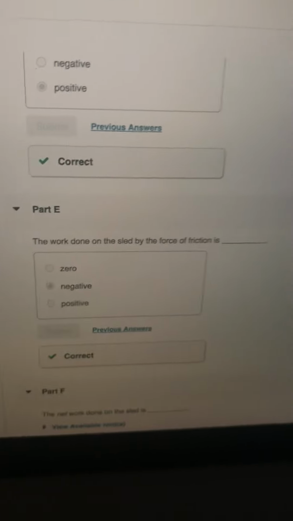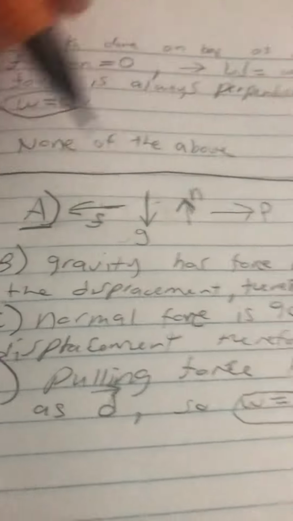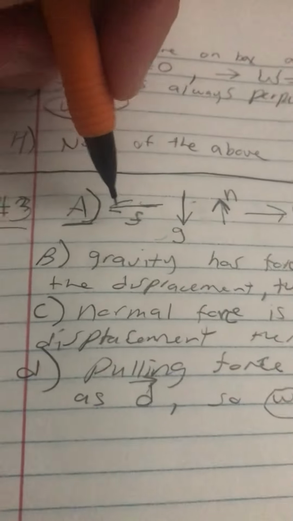Now we go to part E. The work done on the sleigh by the force of friction. Well, friction is going against us. The sleigh is moving to the right. The friction force is slowing it down. So for part E, friction does negative work.